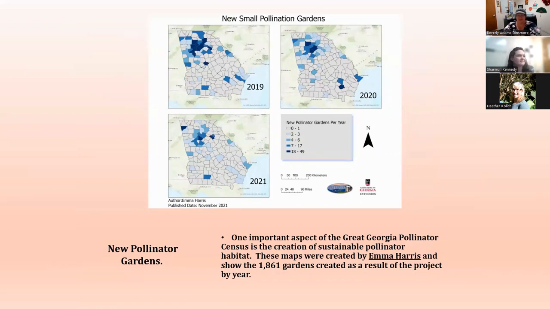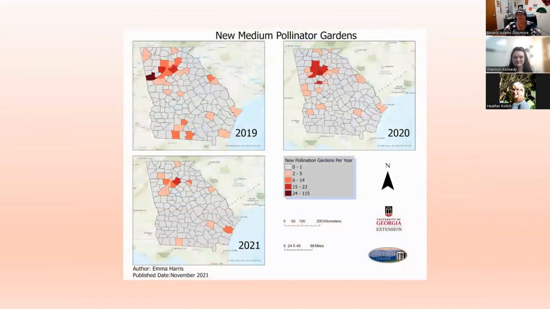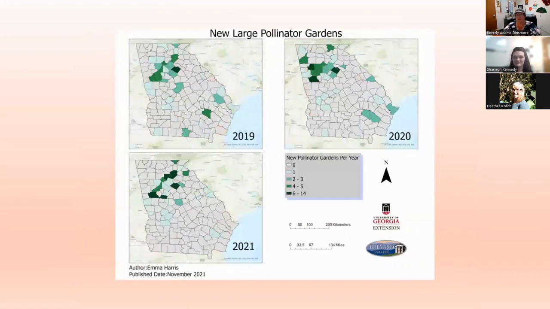One aspect of the Great Georgia Pollinator Census is creation of sustainable pollinator habitat. These maps were created by Emma Harris and show 1,861 gardens created as a result of the project by year. So it is a great source. And again, these are some of the medium pollinator gardens. And then this would be the larger pollinator gardens that were created.